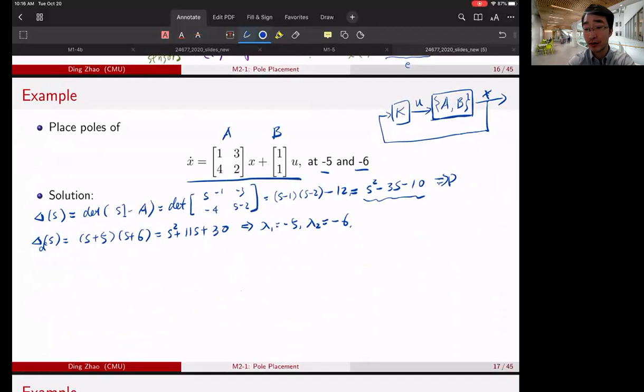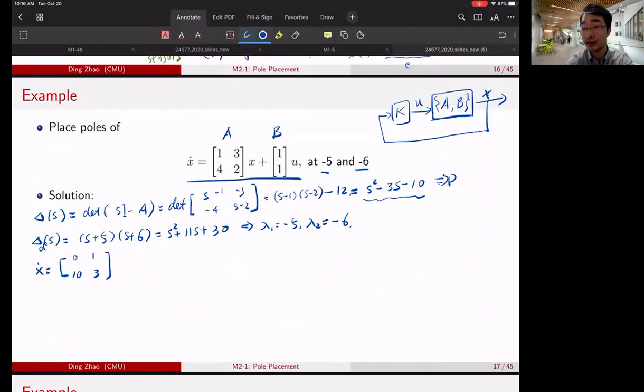We can directly write it out: minus 10 will be a0, and minus 3 will be a1, so that's a0, a1, and 0 and 1.